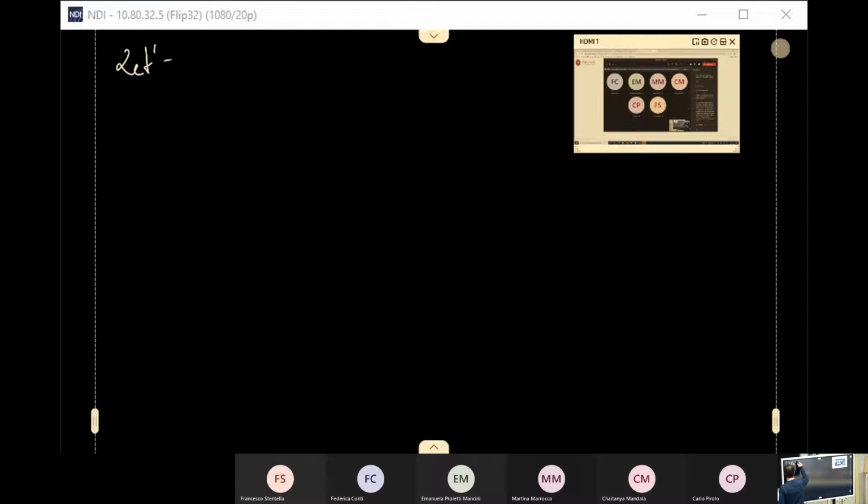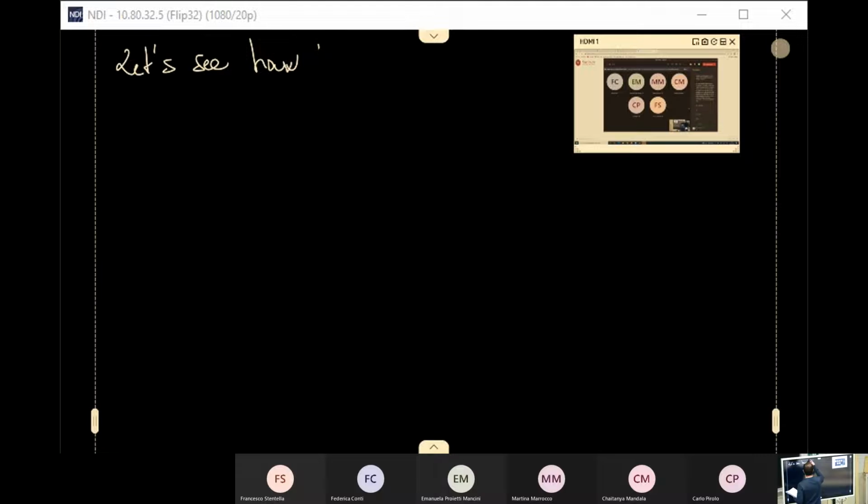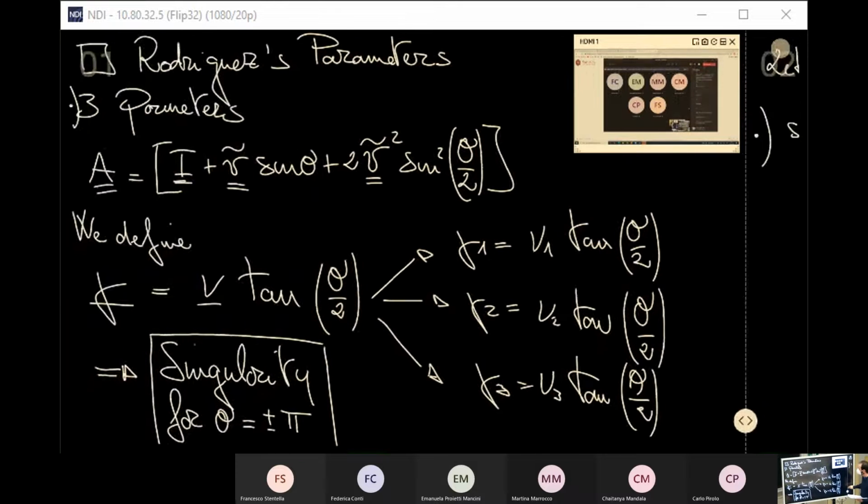Let's see how to express A as a function of gamma. First of all, we start from here and take a look at this matrix.